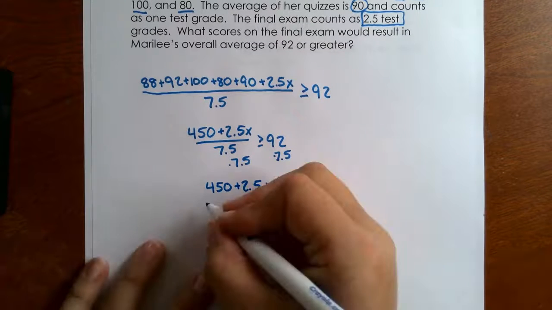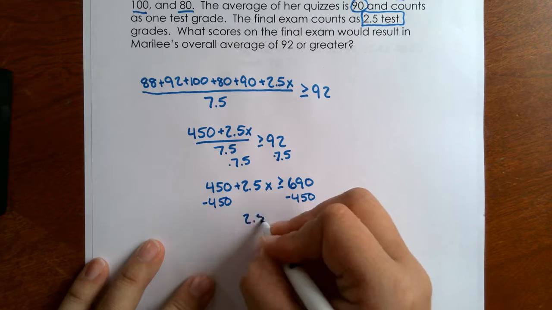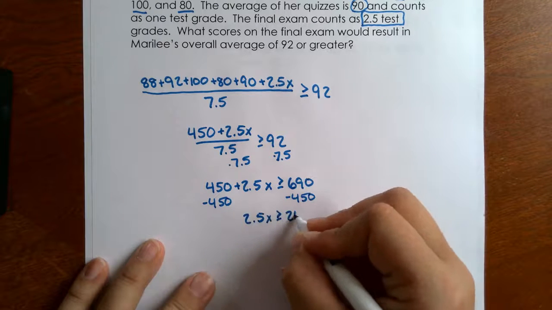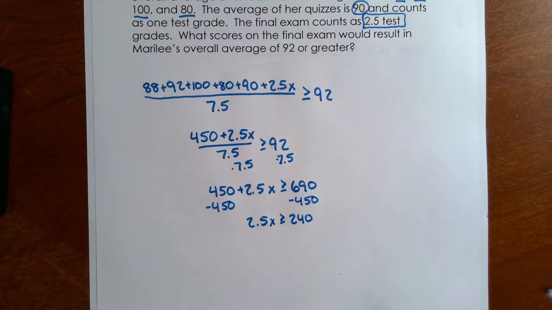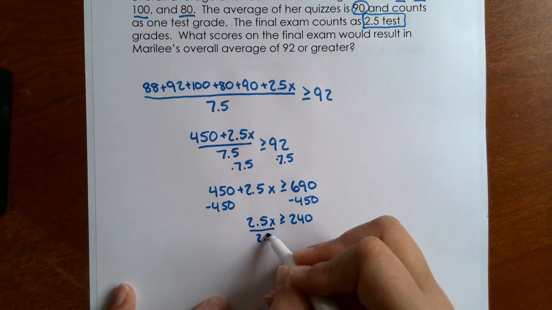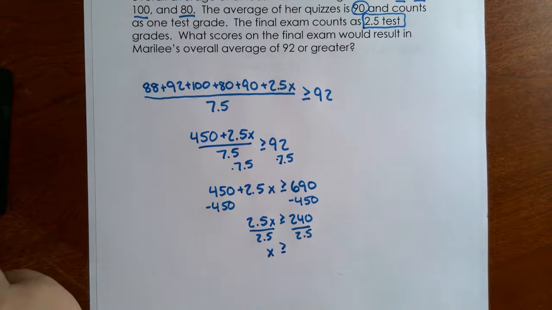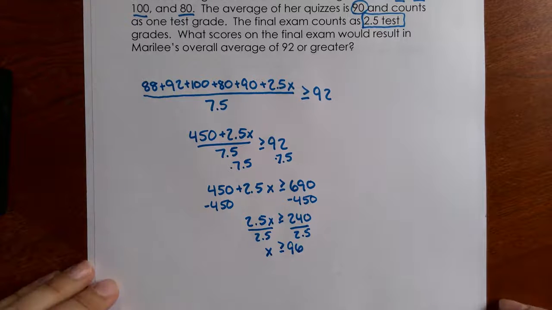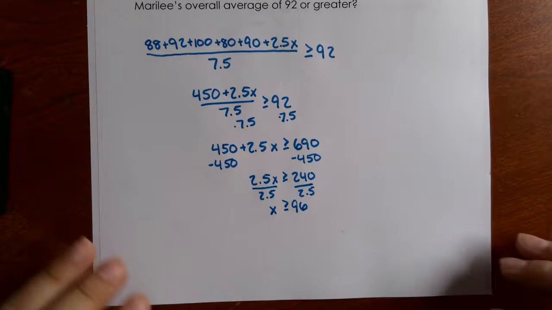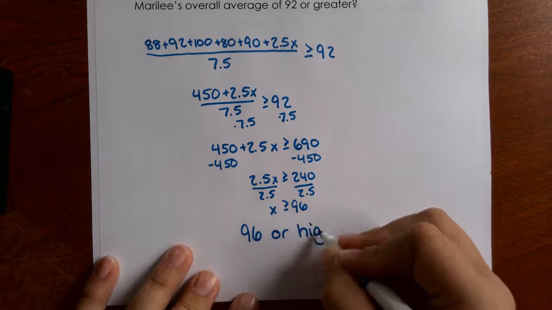And then I'm going to subtract the 450 off. So 2.5x is greater than or equal to 240. Now you may be saying she can't get a 240 on her test. Correct, because we took the test grade and multiplied it by 2.5. Divide this by 2.5. Her test score needs to be greater than or equal to 96. So what scores on the final exam would result in this? 96 or higher.